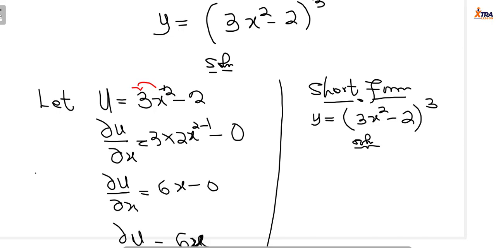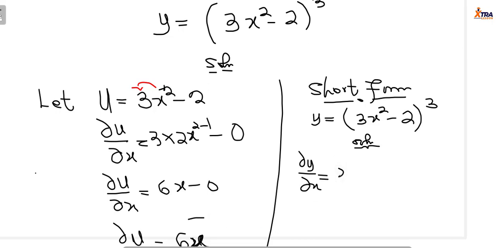To solve this, what you do is very straightforward. You just differentiate y with respect to x directly. So dy over dx equals, this 3 will come down.